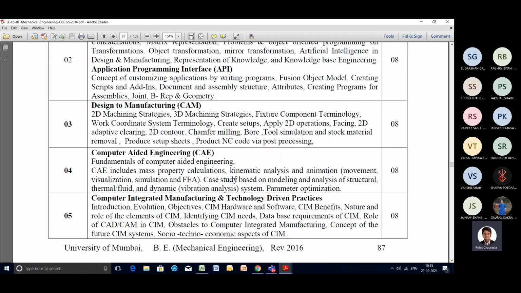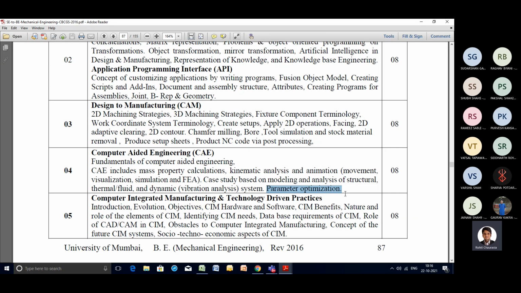So this case study you need to submit, and the last part is the parameter optimization, and you need to write one example based on this parameter optimization. What is parameter optimization? Including these two parts, you need to submit your work.